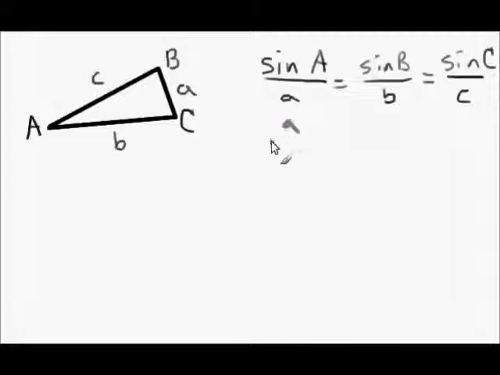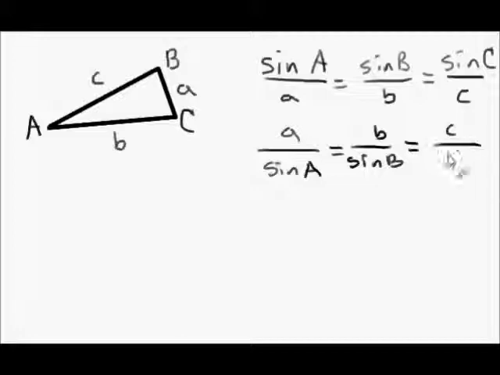So A over sine of A also works. That's equal to B over the sine of B is equal to C over the sine of C.